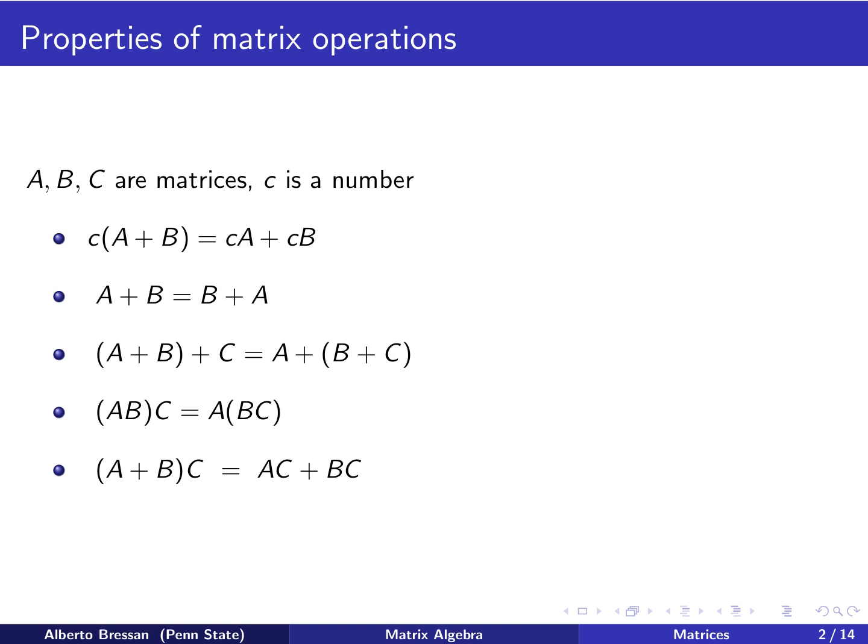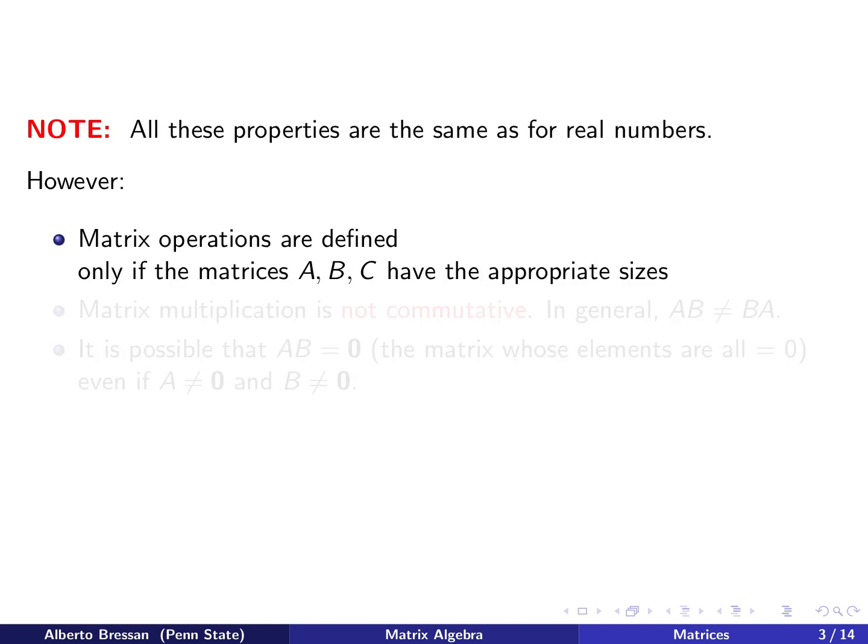All these properties are proved by definition. If we compare these properties with the corresponding properties for real numbers, we see that all these properties are the same as for real numbers.